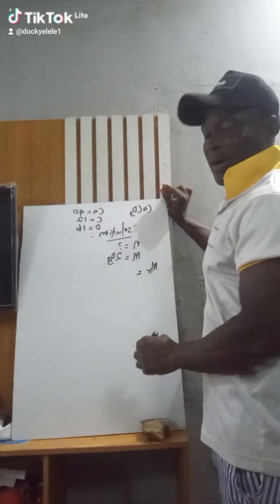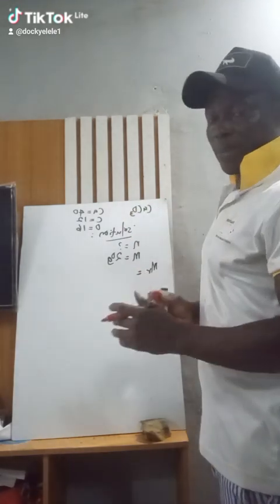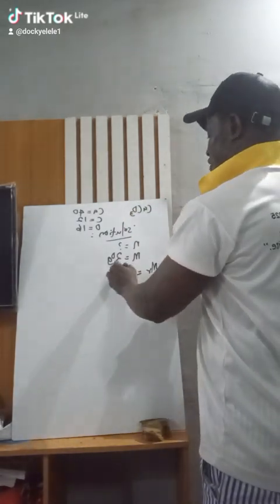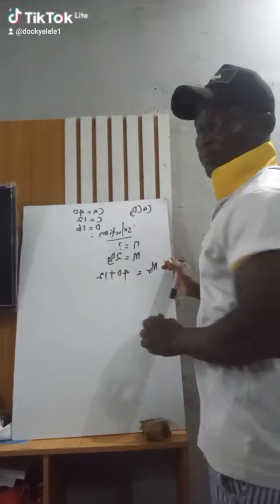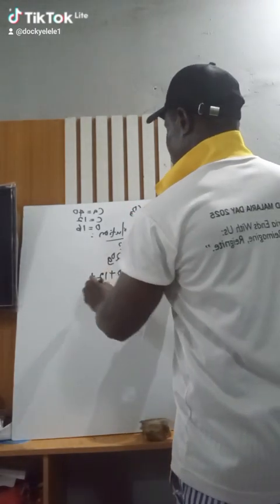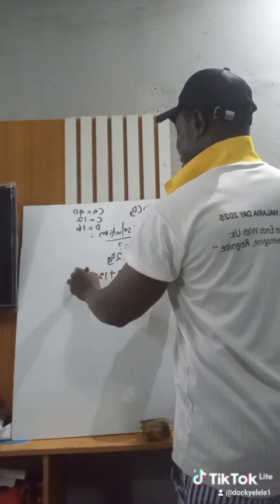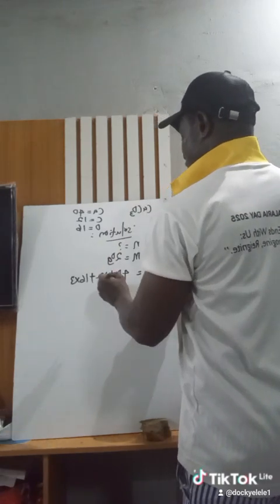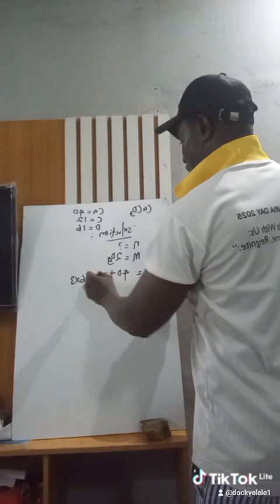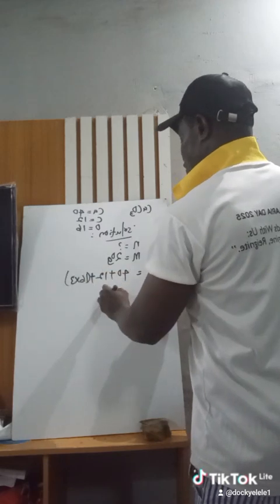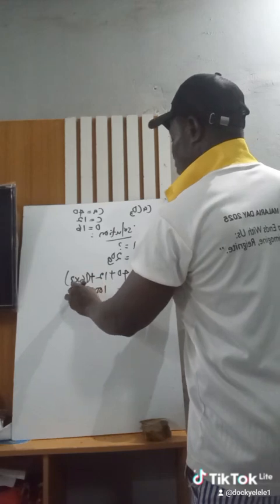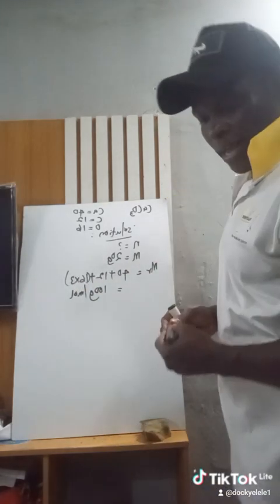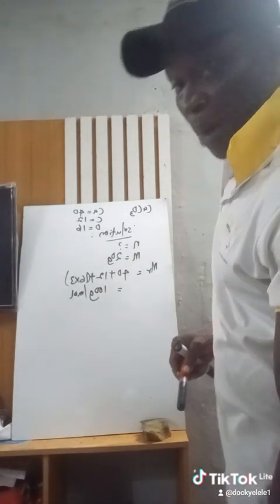Molar mass of calcium trioxocarbonate IV will give us 40 plus carbon, which is 12, plus 16 times 3. Everything should give us about 100 grams per mole. Please confirm.